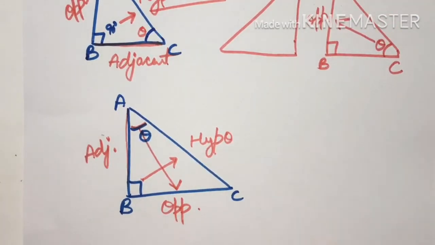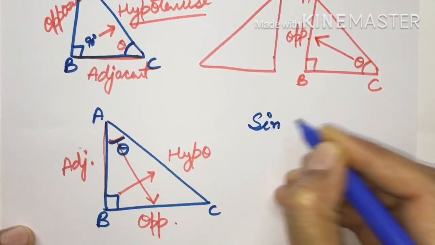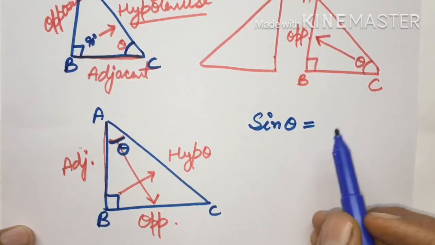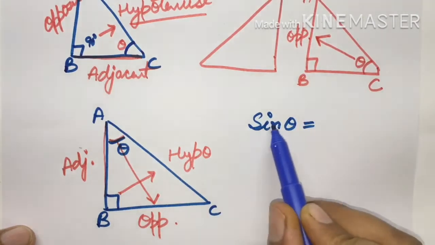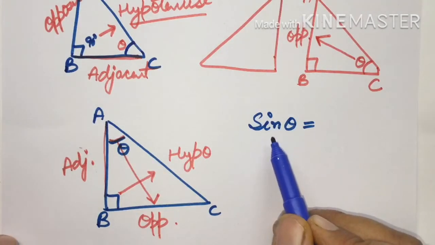So after knowing these sides, how can we find the trigonometric ratio? First we will find sine theta. Sine is a function and we are taking the reference angle theta.